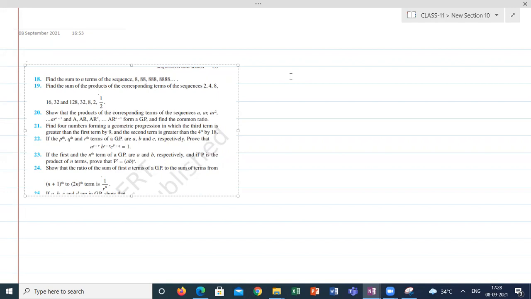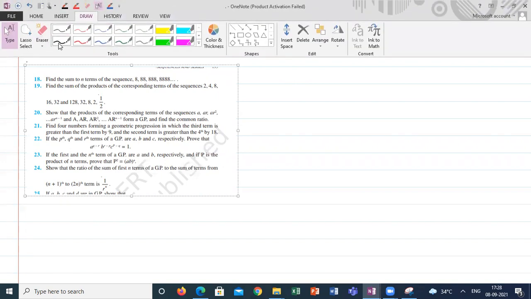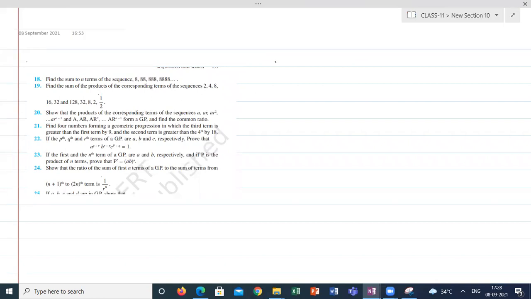Sum of the product of the corresponding terms. Sir, here 2 corresponds to 128. So there are two series: A1, A2, A3, A4 and so on up to An. The second series is B1, B2, B3, B4 and so on up to Bn. Sum of the product of the corresponding terms: A1 is the first term in the first series, B1 is the first term in the second series, so the corresponding of A1 is B1.